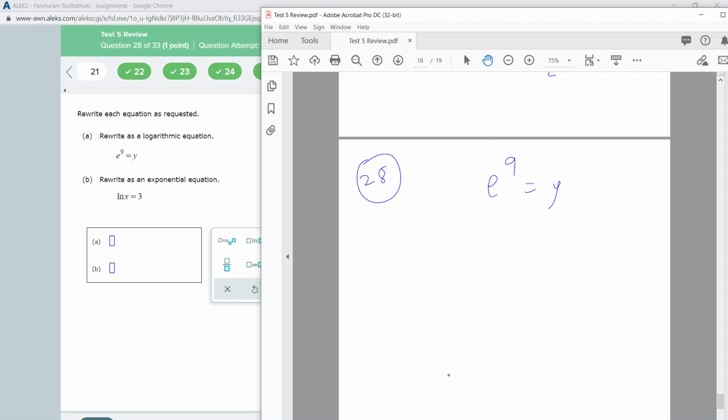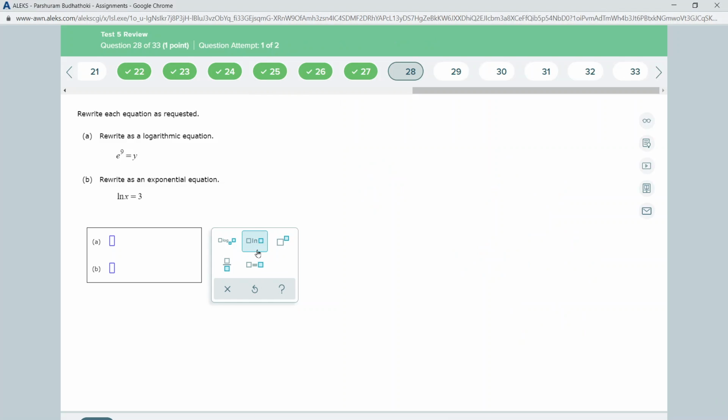Whenever you have e and you want to convert that to log, just take ln, and you can see that ln and e are inverses of each other, because ln means log base e, so they cancel out.